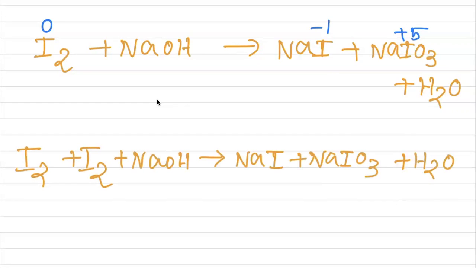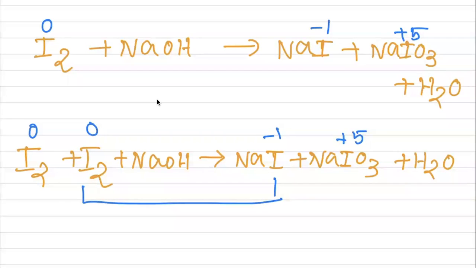If I consider both are 0, here it is -1, here it is +5. So 0 to -1, the oxidation number decreases, that means reduction, and here is gain of 2 electrons. Look very carefully.